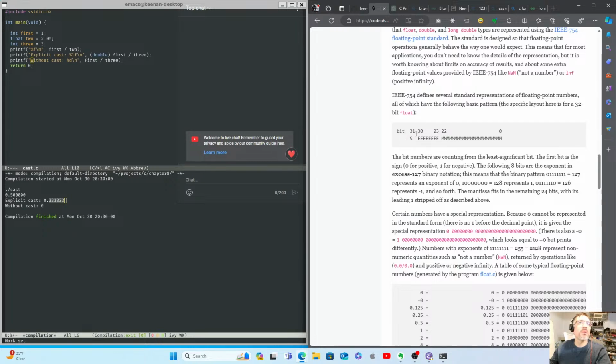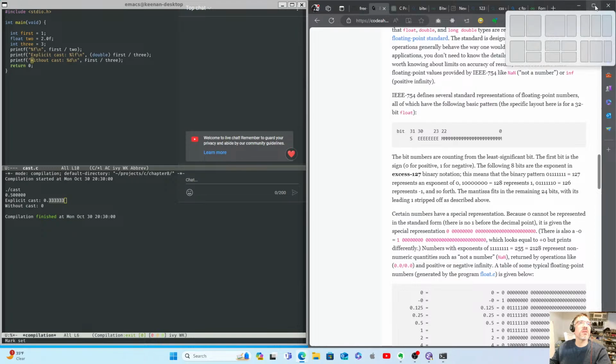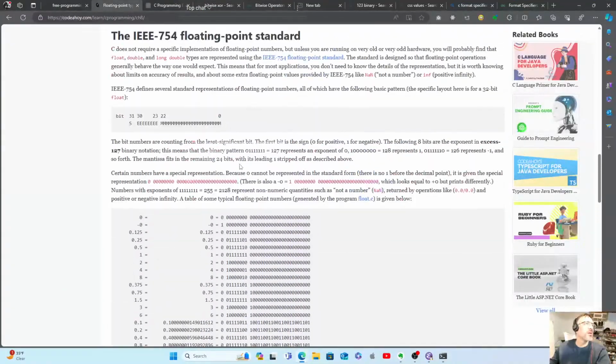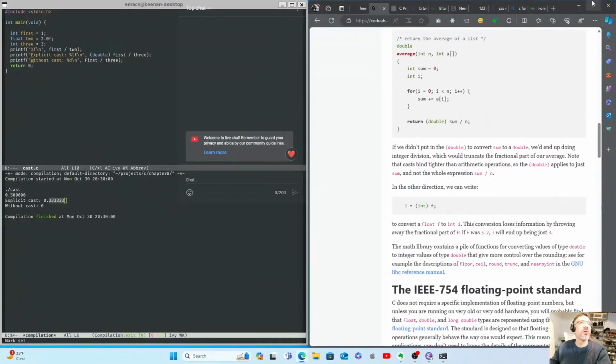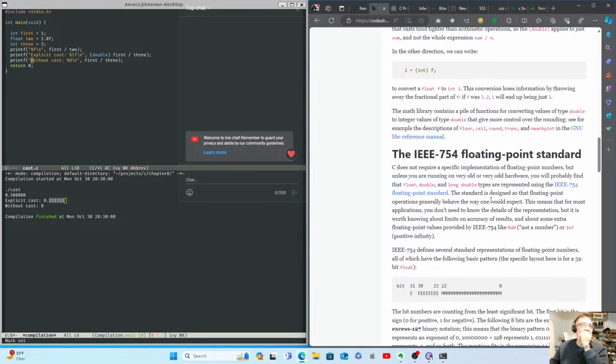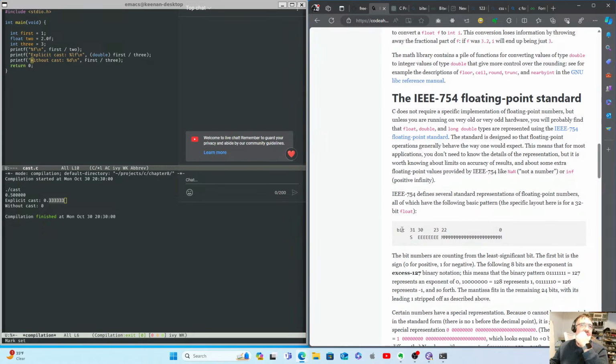I'm not sure this table is looking correct. Let me make this big for a minute. Nope, that didn't help. I'm not quite sure how to read this.